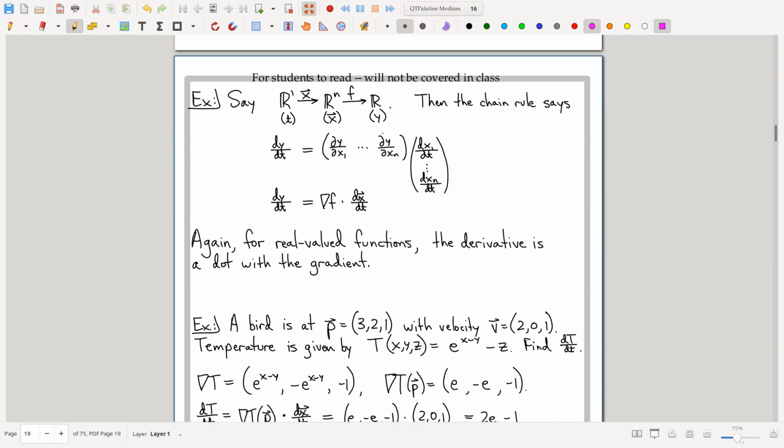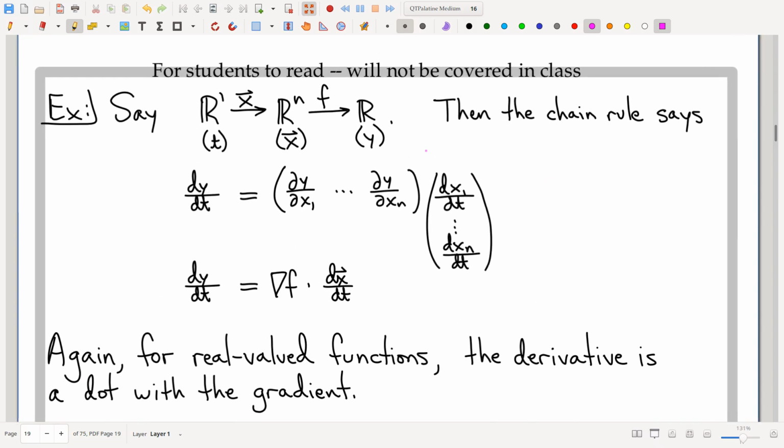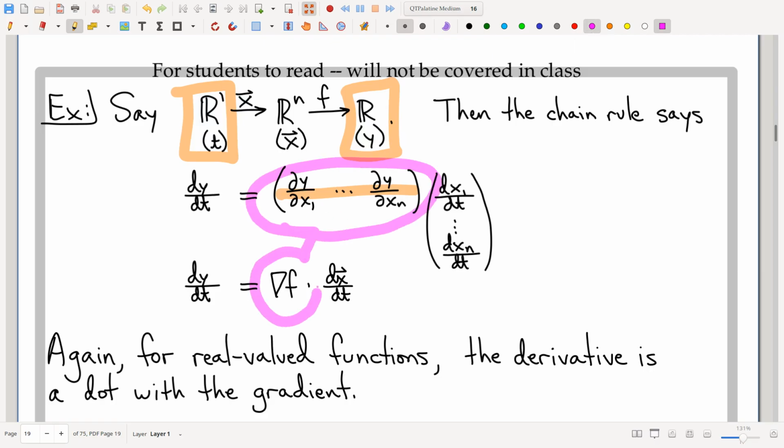Second observation, equally no big deal. If, in addition to having only one original input variable, you also have only one eventual output variable, outputs correspond to rows of derivative matrices, and so we have here a single row. And of course, when you have a single row, multiplying by the derivative matrix is equivalent to dotting with the gradient vector.